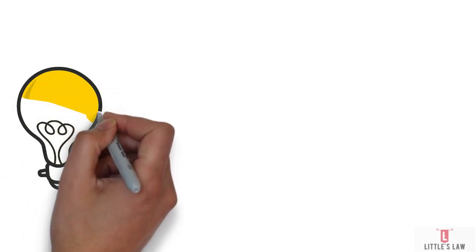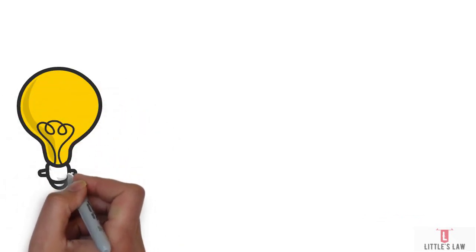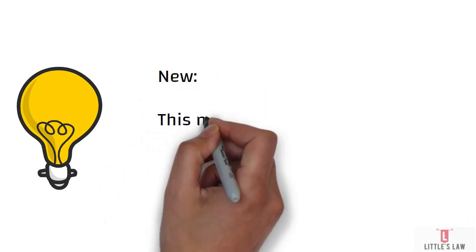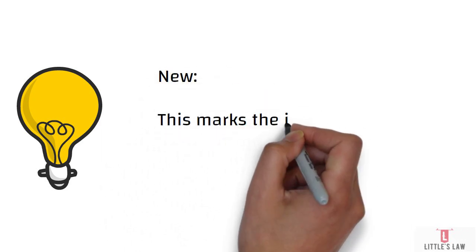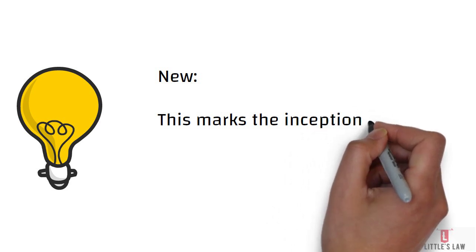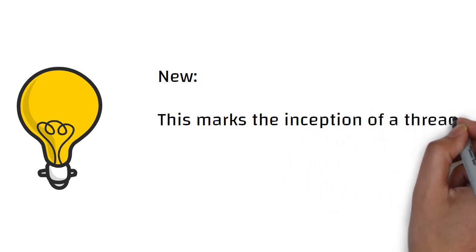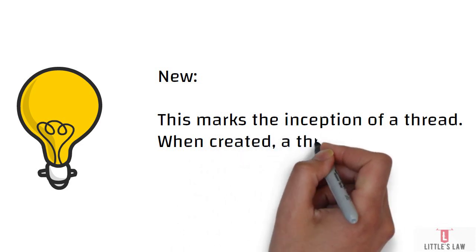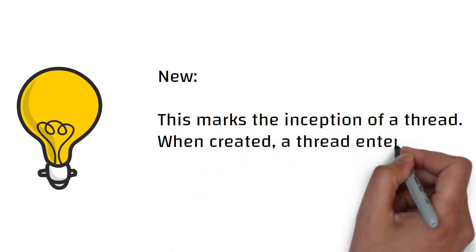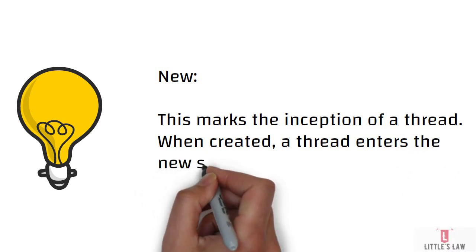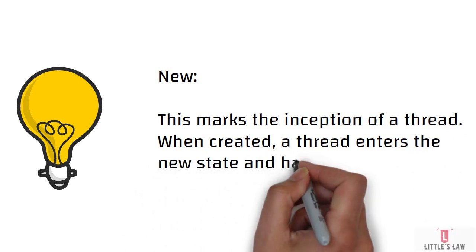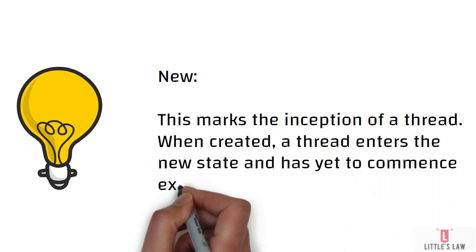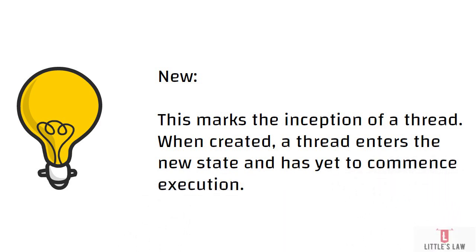This new state marks the inception of a thread. When it is created, a thread enters the new state and has yet to commence its execution. For example, take a scenario where a Java program initiates a new thread object but has not yet called the start method to begin the execution.